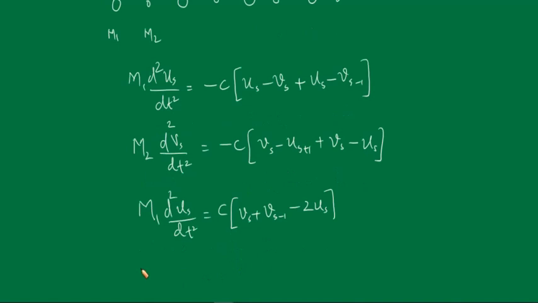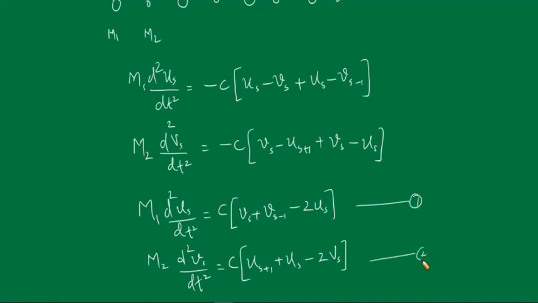Similarly, the second equation, m2 d square v_s divided by dt square is equal to C times (u_{s+1} plus u_s minus 2 v_s). Okay, so let us put this as equation number 1, and this as equation number 2.